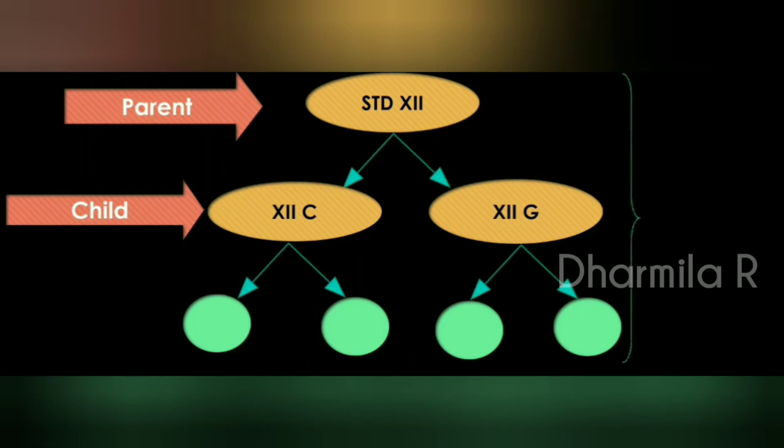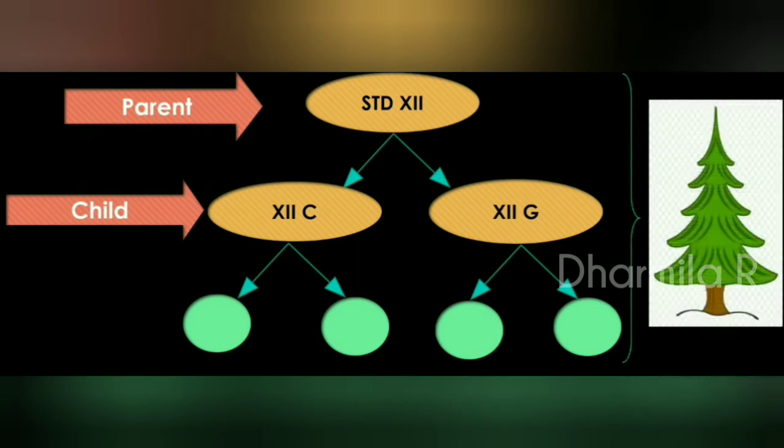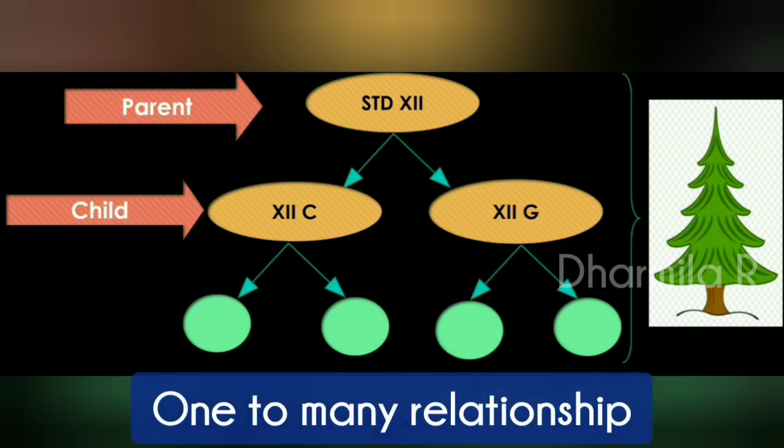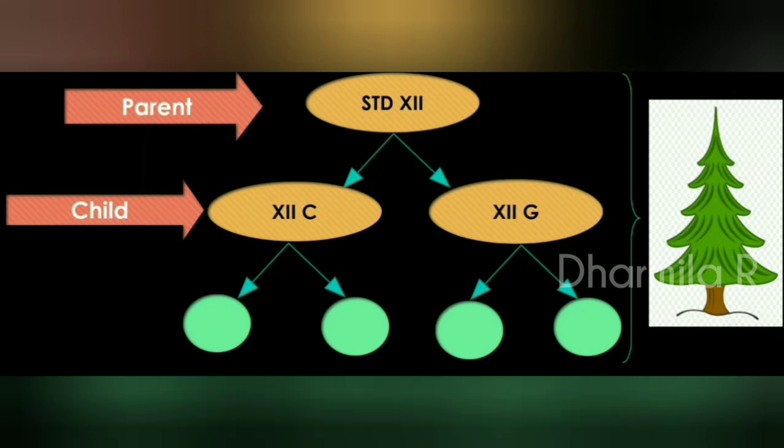The entire model looks like tree structure. Look at this model, observe it properly, because parent will have many child but every single child will have only one parent. That is the main concept in hierarchical database model, and there is no connection between siblings. That is, there is no connection between plus 2 commerce and plus 2 general.